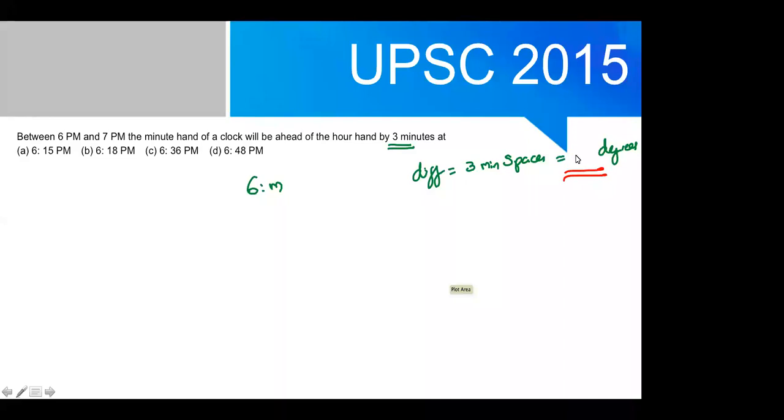So 3 minute spaces means how many degrees? We know that 5 minute spaces is actually 30 degrees.